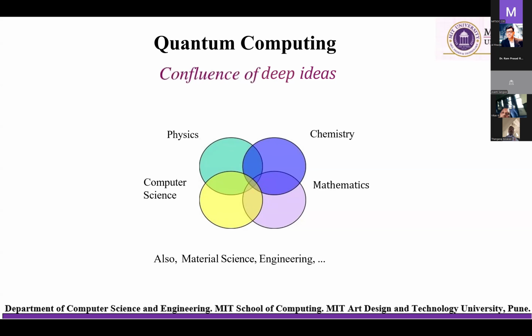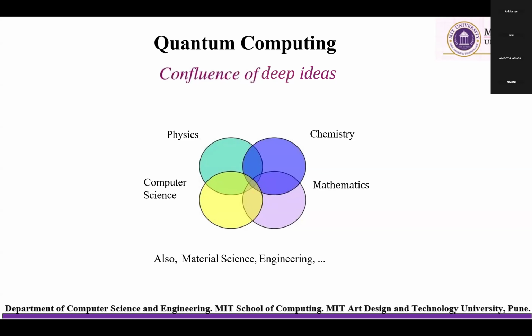Physics forms the foundation by providing the principles of quantum mechanics, such as superposition and entanglement, which are essential for quantum algorithms. Mathematics offers the abstract framework to model and analyze quantum processes, while computer science provides the algorithms and computing models that leverage quantum properties for problem solving.